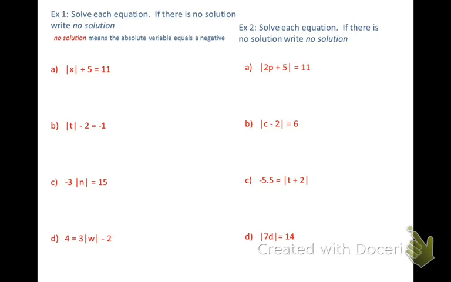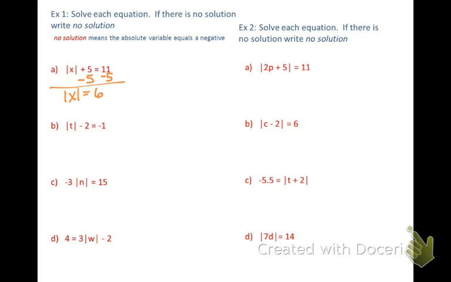So we have the absolute value of x plus 5 equals 11. The first step before we can take off an absolute value is to get the absolute value all by itself. So I'm going to subtract 5 like we do in normal equations, and we have the absolute value of x equals 6.